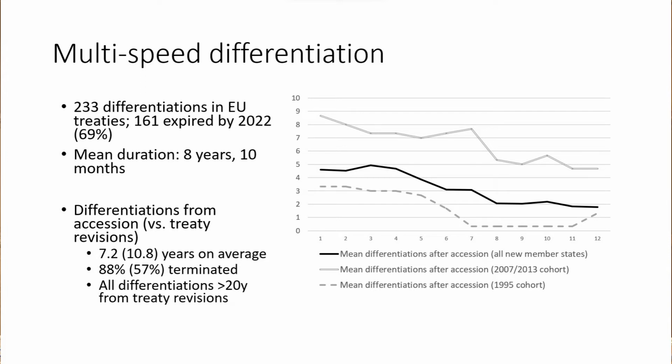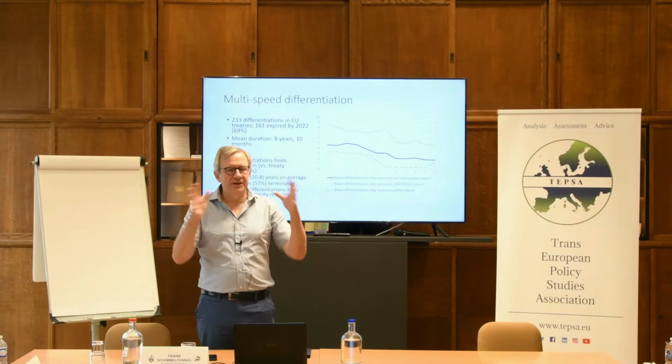Because of how the EU treaties are constructed, an opt-out from Schengen is 160 articles. An opt-out from the free movement of labor is one article. So if you just count the articles, you get a very biased picture. So we aggregated them to policies.